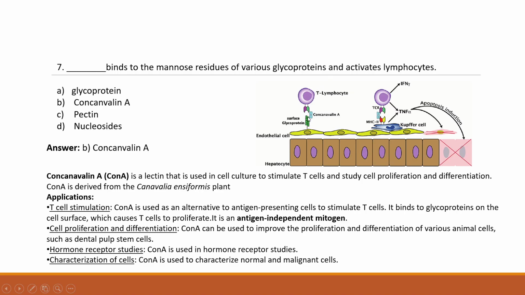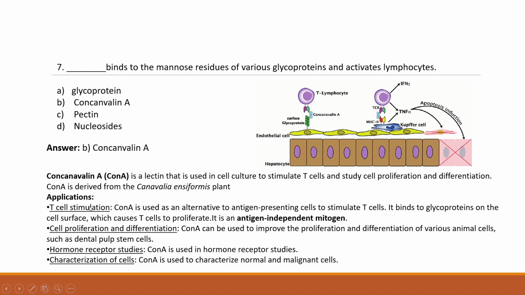When you're doing experiments with your T lymphocytes, or differentiation, or growing your cells, it will help in proliferation of these cells. It is also a mitogen. Mitogen is something that induces your cell cycle. So it will help in proliferation of your T lymphocytes.